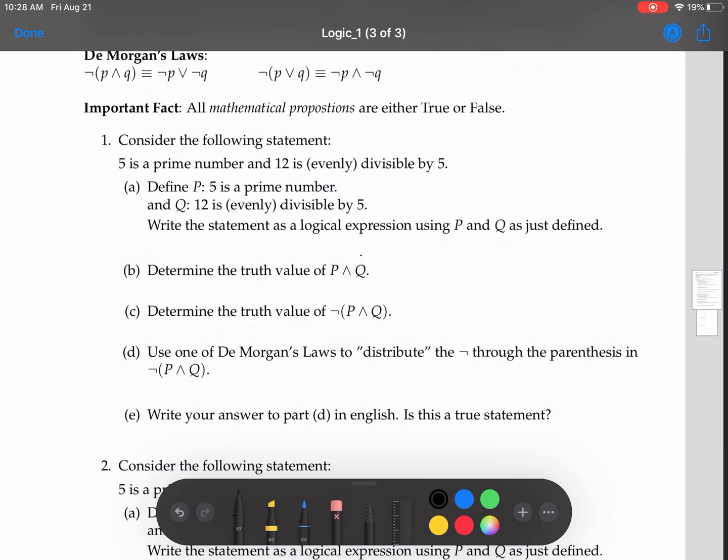As you can see here, P is true, right? 5 is a prime number, so P is true. Q, as we know, is false.